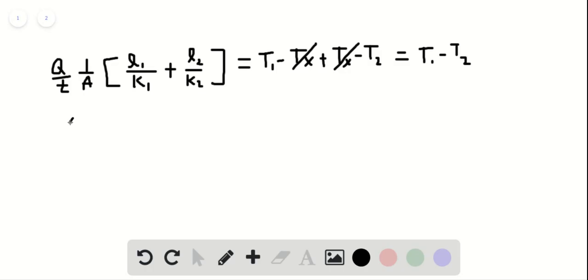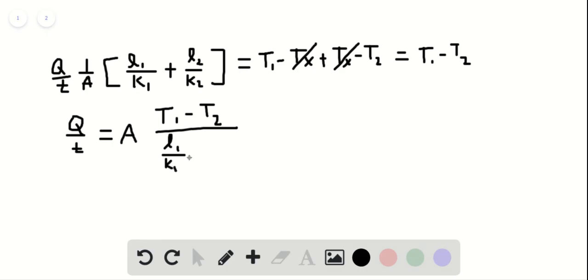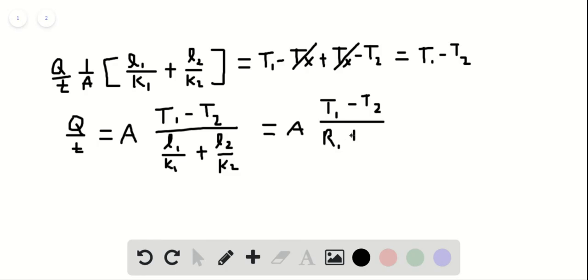Solving for Q over T, we find that this is equal to the area times the ratio of T1 minus T2 to L1 over K1 plus L2 over K2, which is equal to the area times T1 minus T2 divided by R1 plus R2, because R1 is defined as L1 over K1 and R2 is defined as L2 over K2. So this is R1 plus R2.